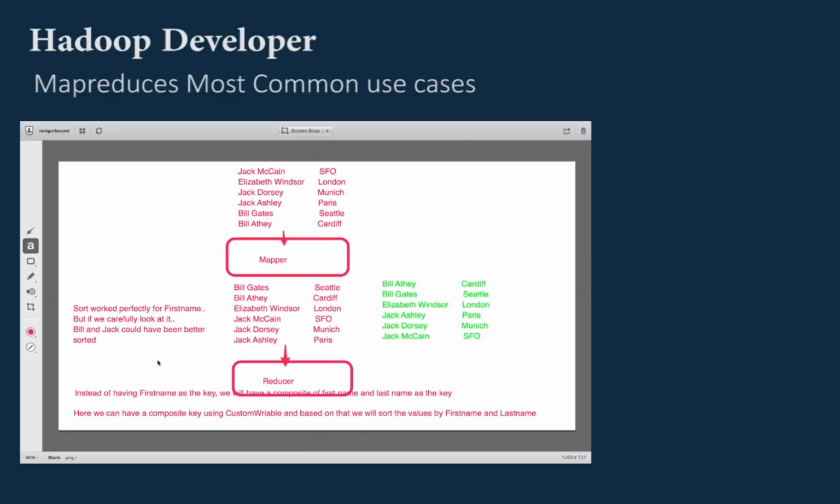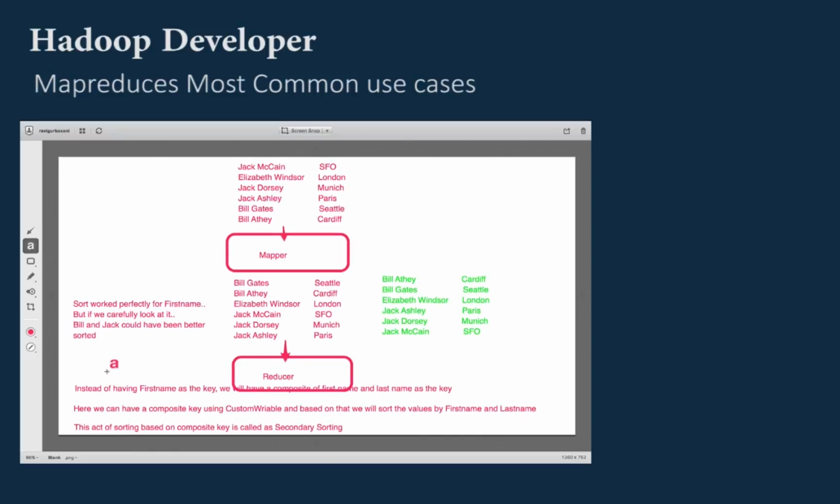So this act of sorting based on a composite key is called secondary sorting.